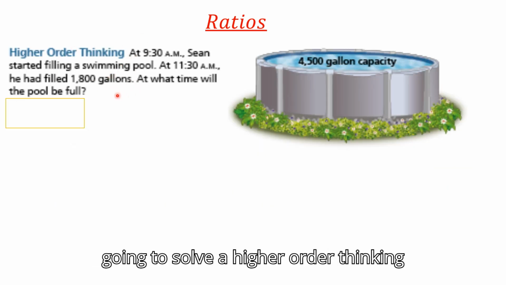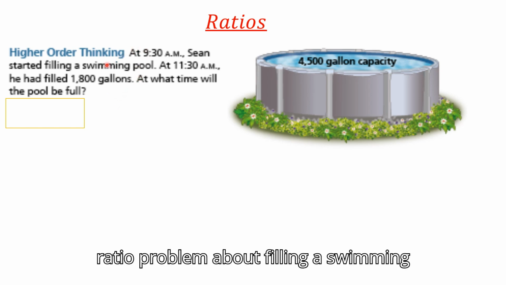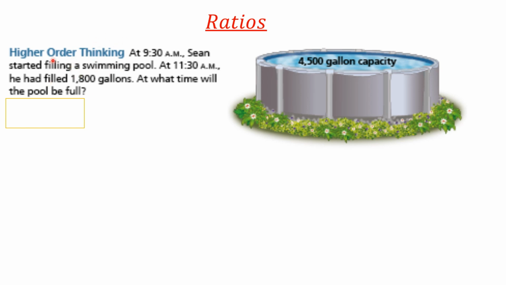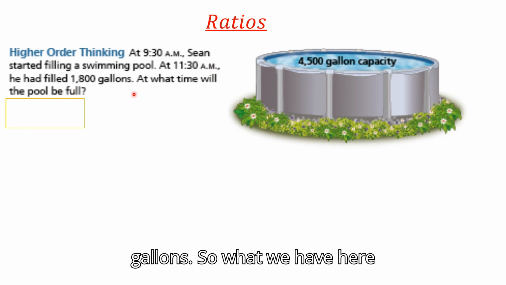Here we are going to solve a higher order thinking ratio problem about filling a swimming pool. Let's carefully read this problem. At 9:30 a.m., Sean started filling a swimming pool. At 11:30 a.m., he had filled 1,800 gallons.